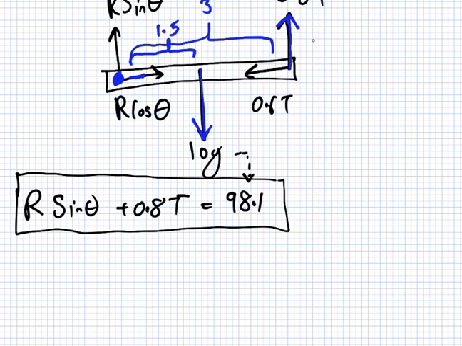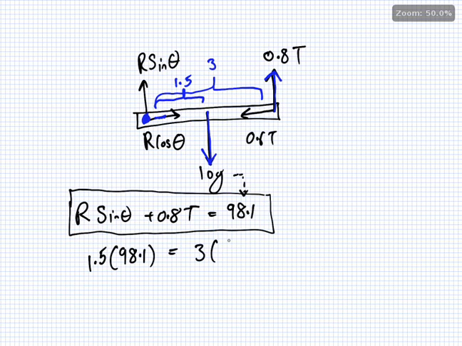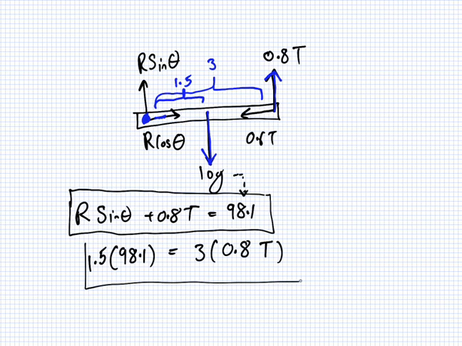So we get now 1.5 times 10G must equal 3 times 0.8G T. Now this is really, really good. Because what can I get from this one here? T. Yes, I can get T, can't I?